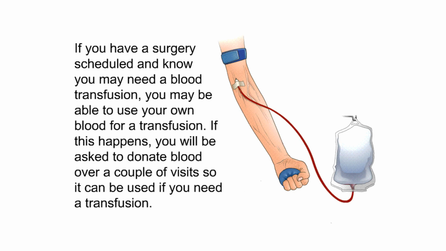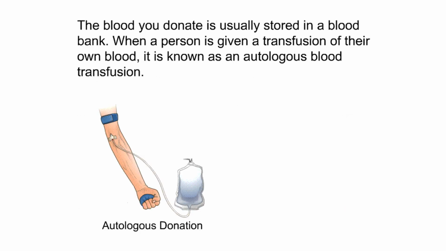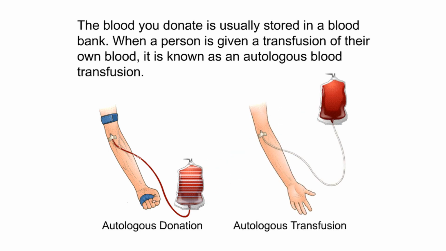If this happens, you will be asked to donate blood over a couple of visits, so it can be used if you need a transfusion. The blood you donate is usually stored in a blood bank. When a person is given a transfusion of their own blood, it is known as an autologous blood transfusion.